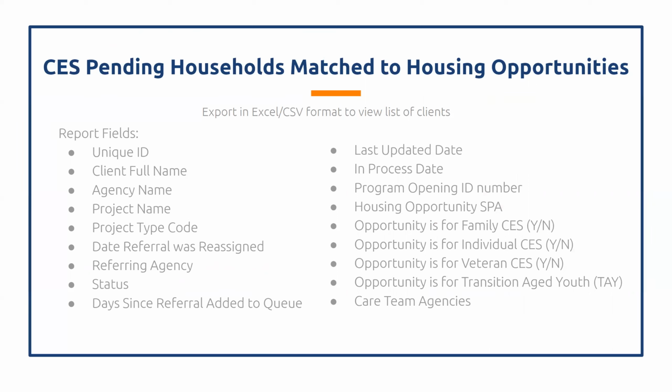And like the previous report, it provides whether the opportunity is for family, individual, or veteran CES, or if it's for TAY clients. And finally, the last field provides a list of the care team agencies. Next screen, please.